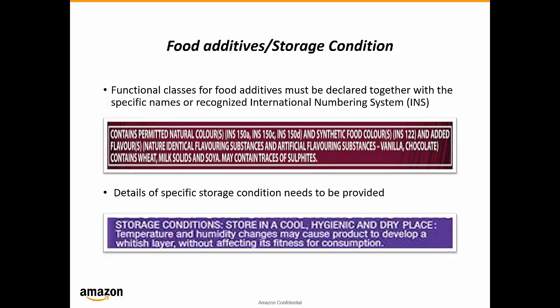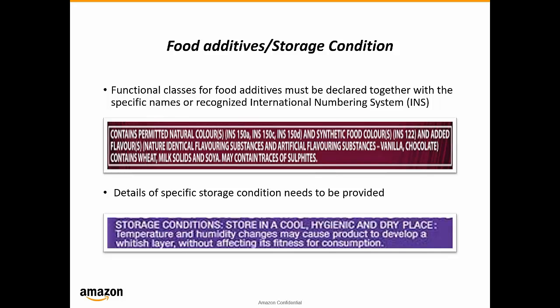Next talks about details of specific storage condition. Now, why is it important? For example, there are certain products which are perishable. There are certain products which require a temperature of 2 to 4 degrees, which is chilled condition, or a few products may require minus 18 degrees Celsius as well. So it should be very clearly written on the label how the storage condition of the product should be. Like most of the ambient products, which you can keep at room temperature, like biscuits, chips, or a similar example, pulses, right?